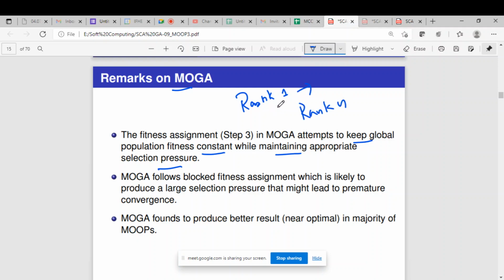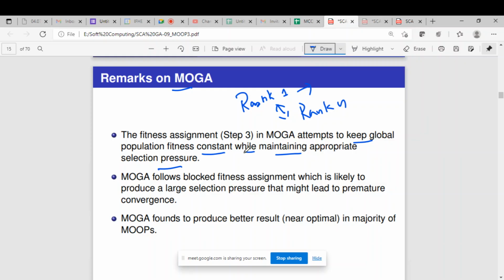Based on this interpolation, we assign the new fitness score, such that all the individuals lying in the same rank get the same fitness score. While doing that, the algorithm ensures that the global population fitness will be constant while maintaining appropriate selection pressure.